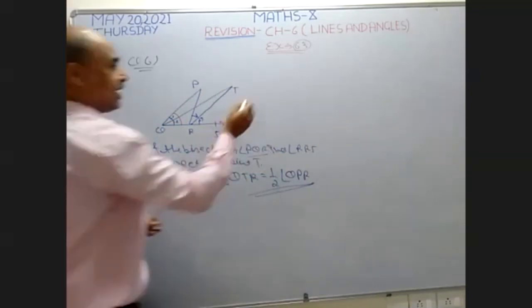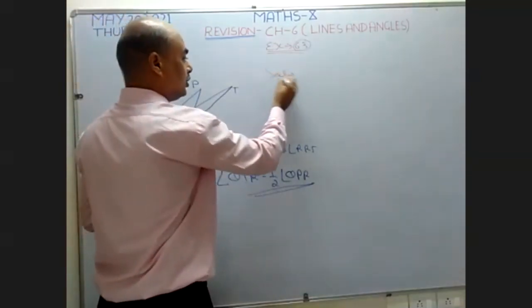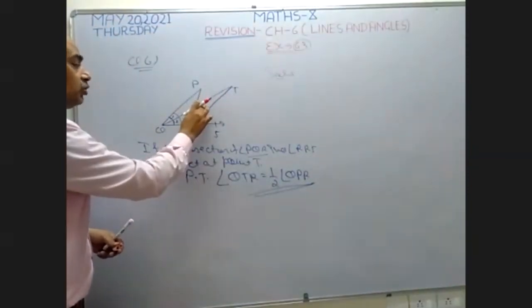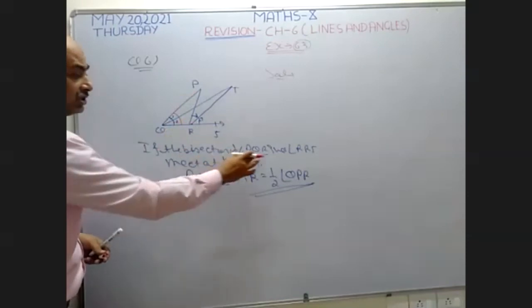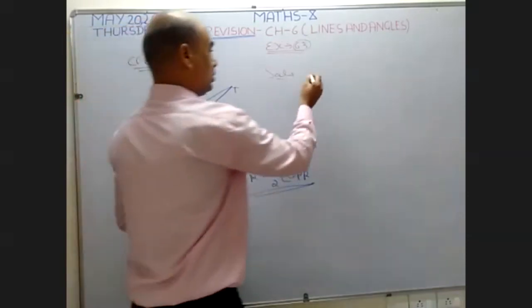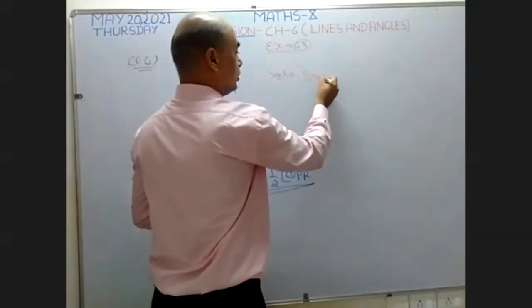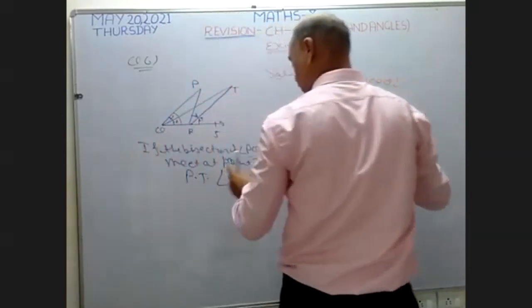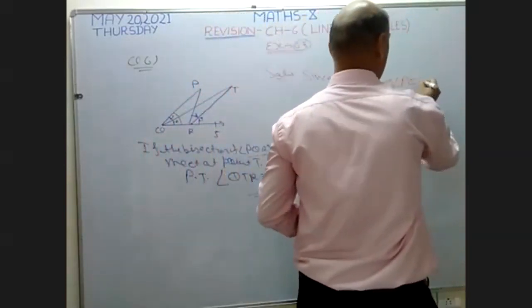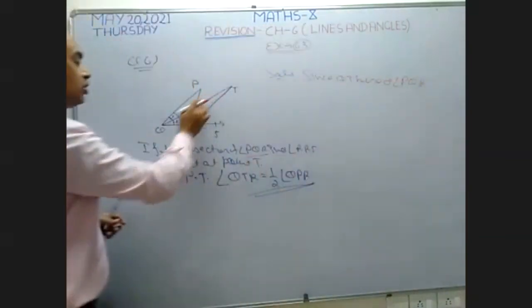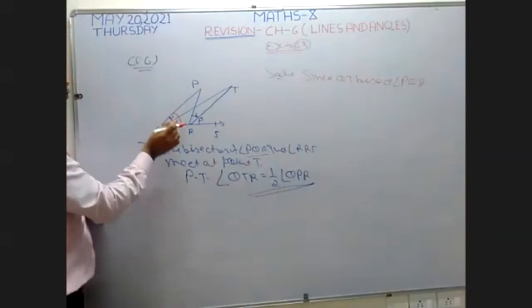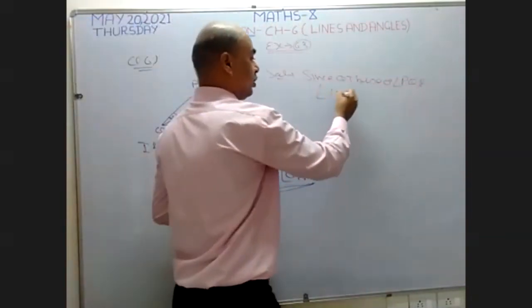See, I write here solution. So I write here QT, I take this ray QT. This QT bisects angle PQR. It is given in the question. Since QT bisects angle PQR, and bisect means these two angles are equal, therefore angle 1 equals angle 2.